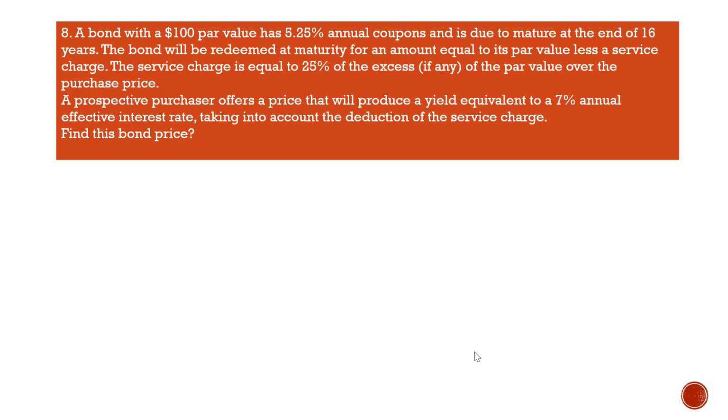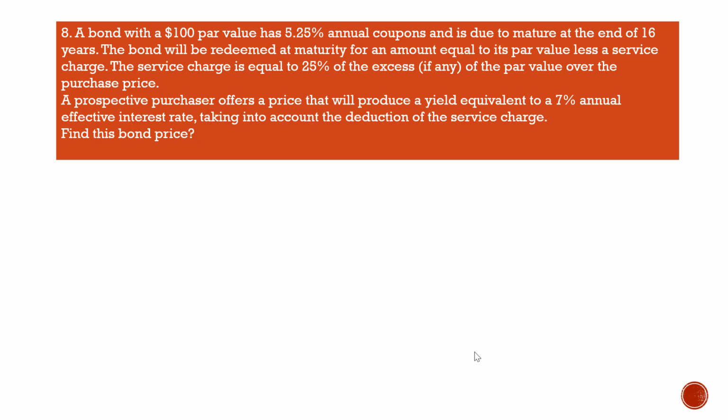Problem number 8. A bond with 100 par value has 5.25% annual coupons and is due to mature at the end of 16 years. The bond will be redeemed at maturity for an amount equal to its par value less a service charge.